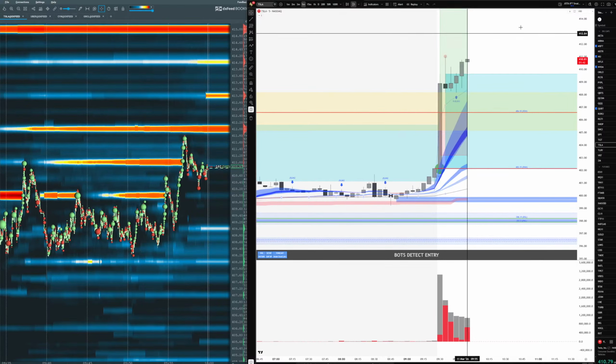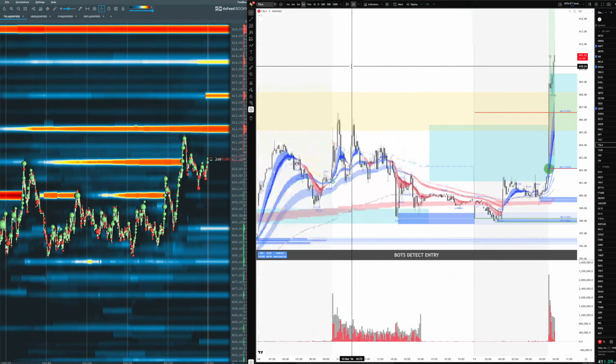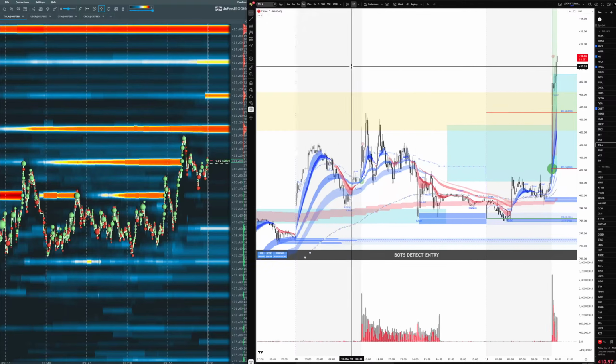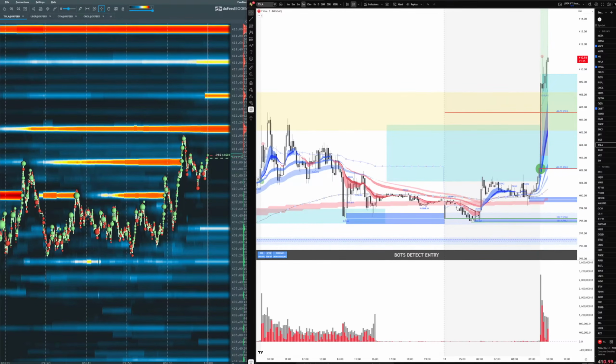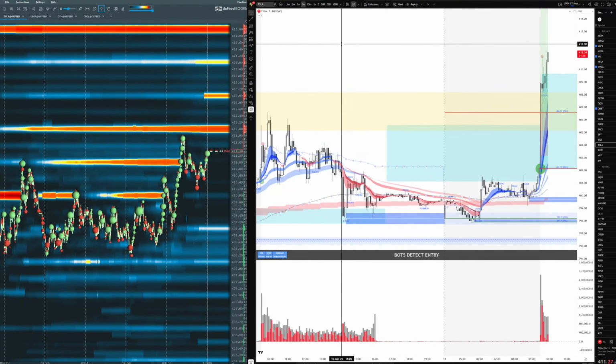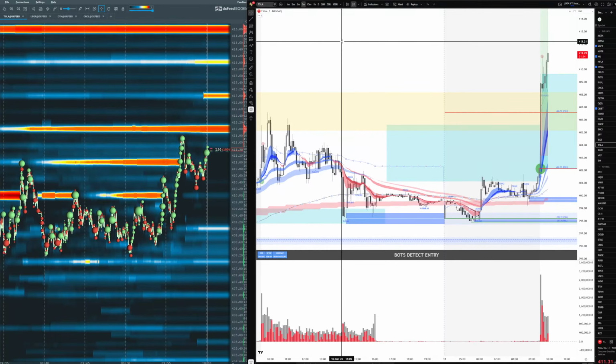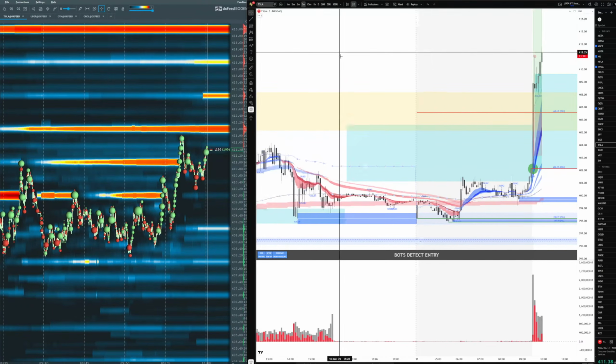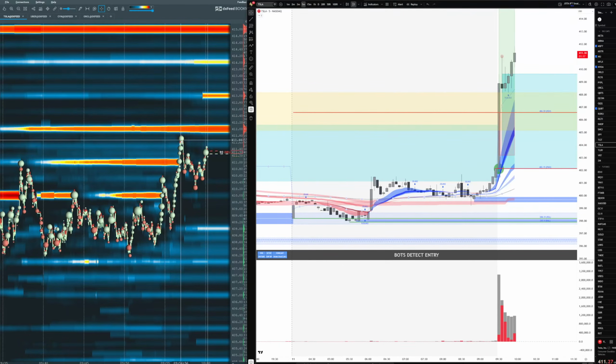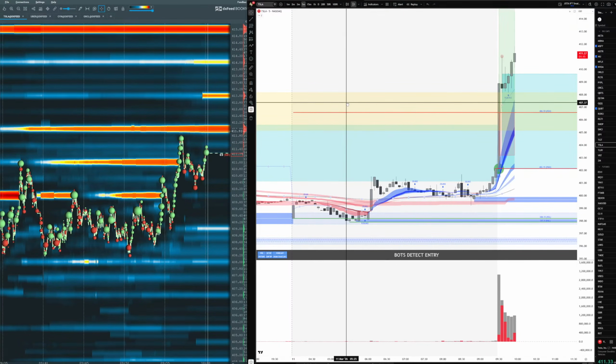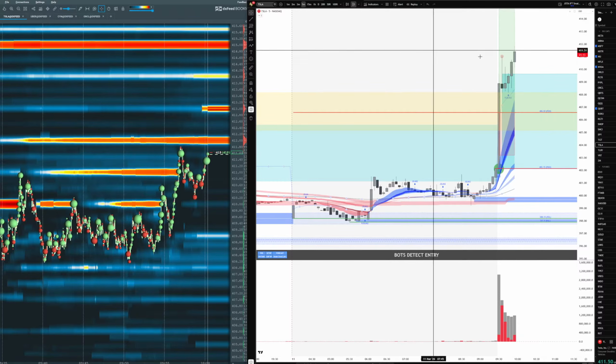After that, the system automatically plots the supply and demand zones, and also looks for the moment when institutional players are getting into the stock or the ticker that we're trading. And then I'm using order flow for the confirmation of this. There we go. New highs.